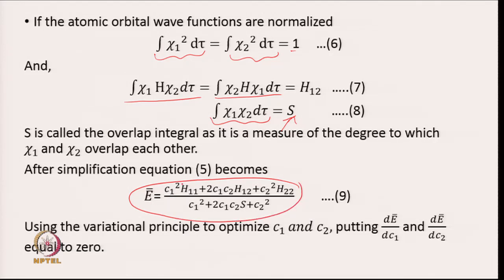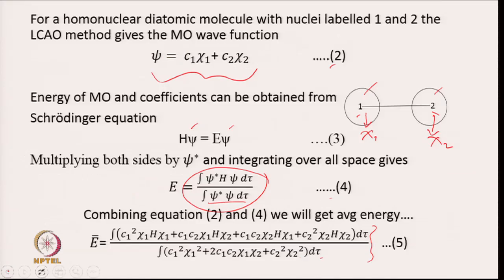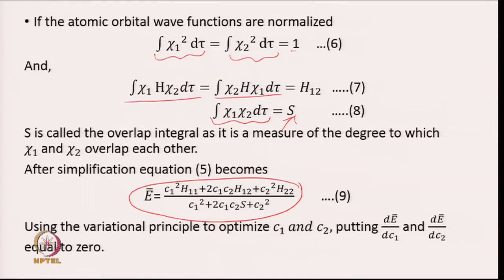The energy will be C1 squared H11, where H11 is the integral of chi1 Hamiltonian chi1 d tau. If you remember, here you see chi1 H chi1, and that is what we are writing as H11. So E will be C1 squared H11 plus 2 C1 C2 H12, since these two are equal.